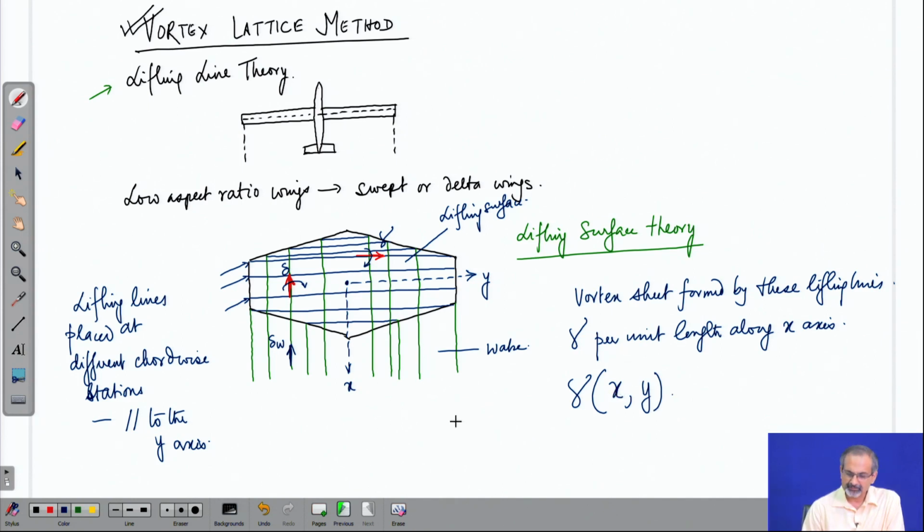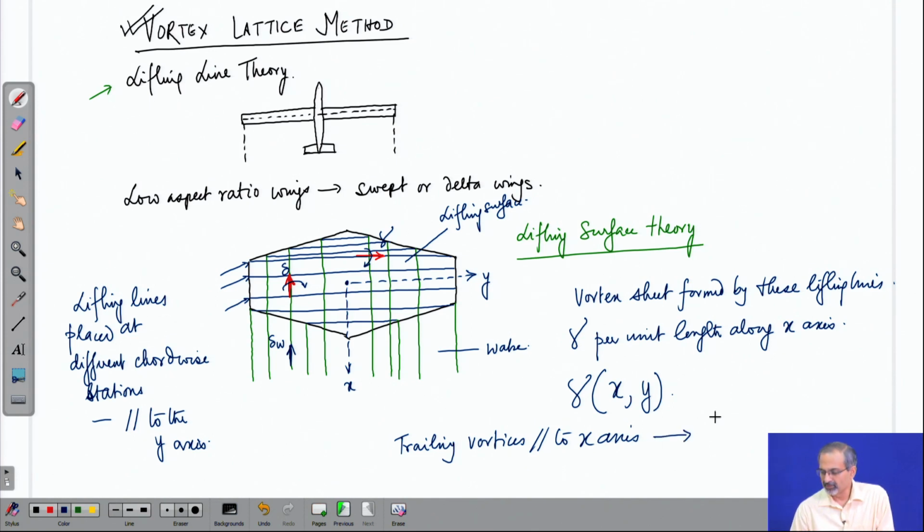In a similar manner, we can define the other family which are parallel to the x axis. So, the other family comprises of what? They comprise the trailing vortices, which are parallel to the x axis, and you can put similar arguments to say that they are functions of x and y, and the strength delta is per unit length along the y axis.